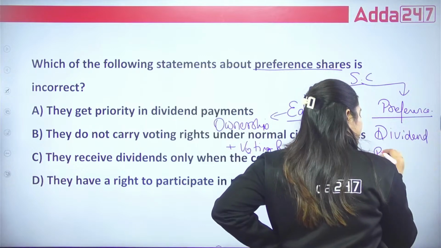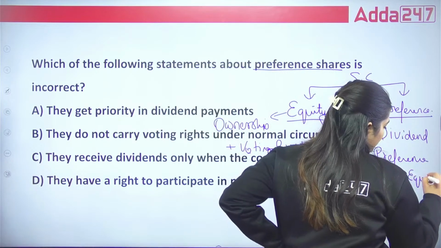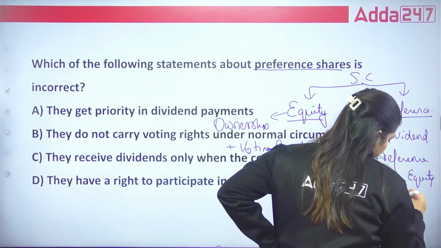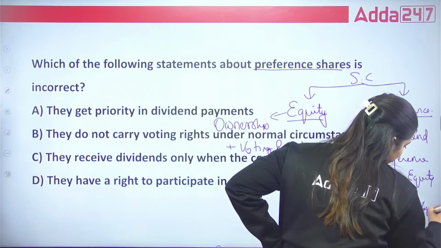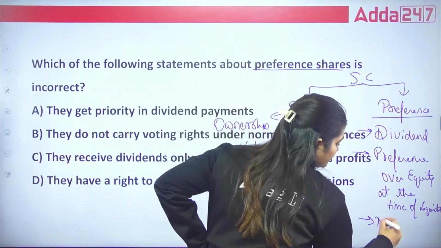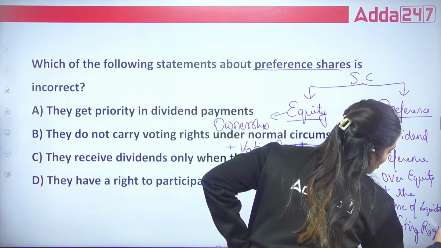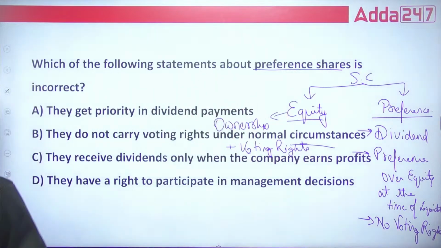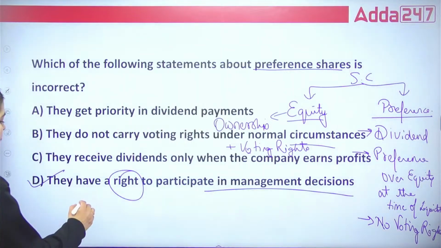You are going to receive the preference over equity at the time of liquidation. So these are the benefits you get, but in this you never receive voting rights. No voting rights means you are not going to be a part of management decision. You are not going to get a right to participate in a management decision. So the correct answer is option D.